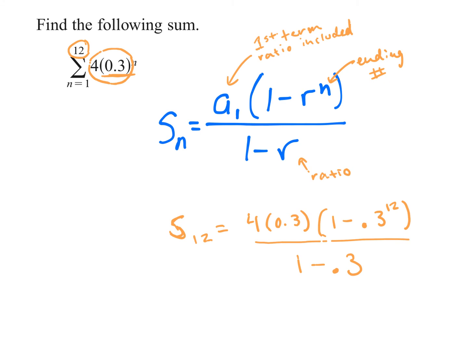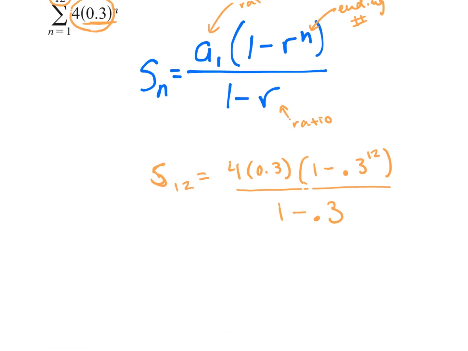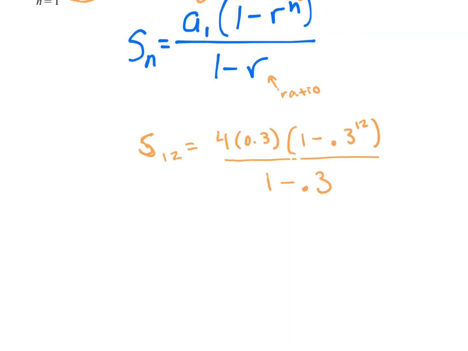Yes. Awesome. So once we plug everything in, we can just put the rest of it into our calculator. We have all values here. We're not trying to do anything crazy. The hardest part is just following PEMDAS when putting it into the calculator. So what I would suggest is doing 4 times 0.3 first, and then multiplying that by 1 minus 0.3 to the 12th power over 1 minus 0.3.